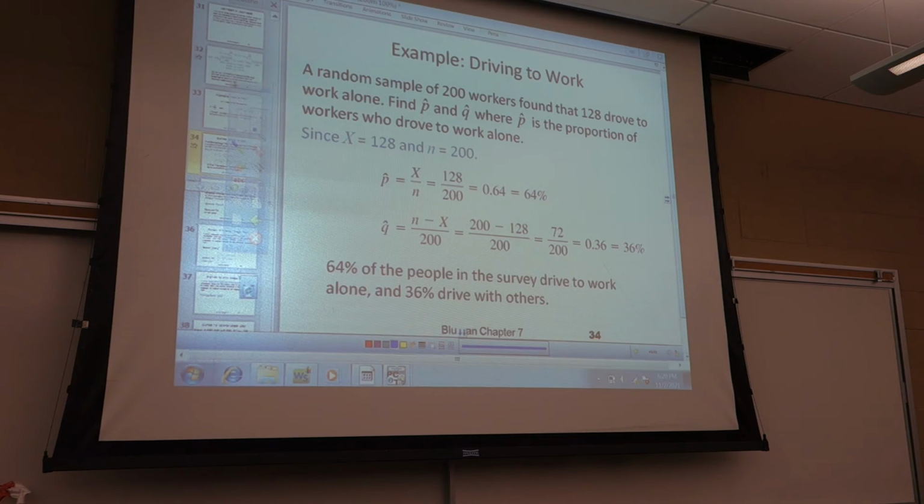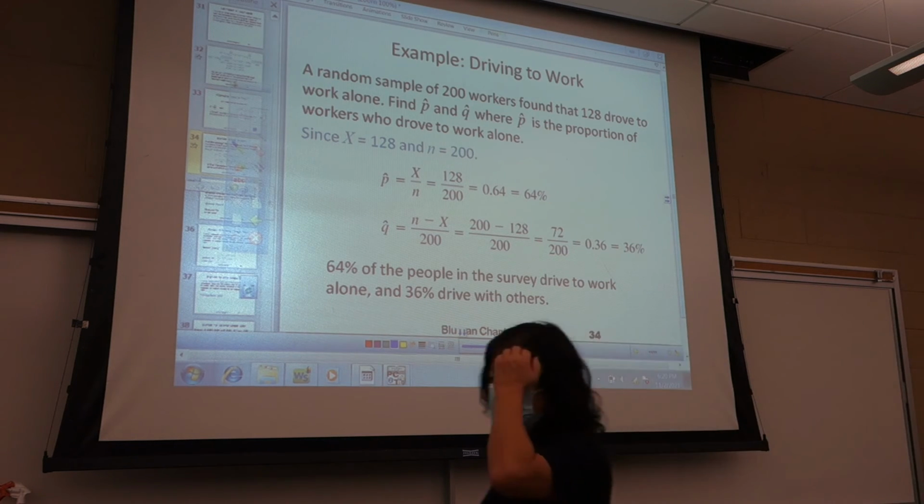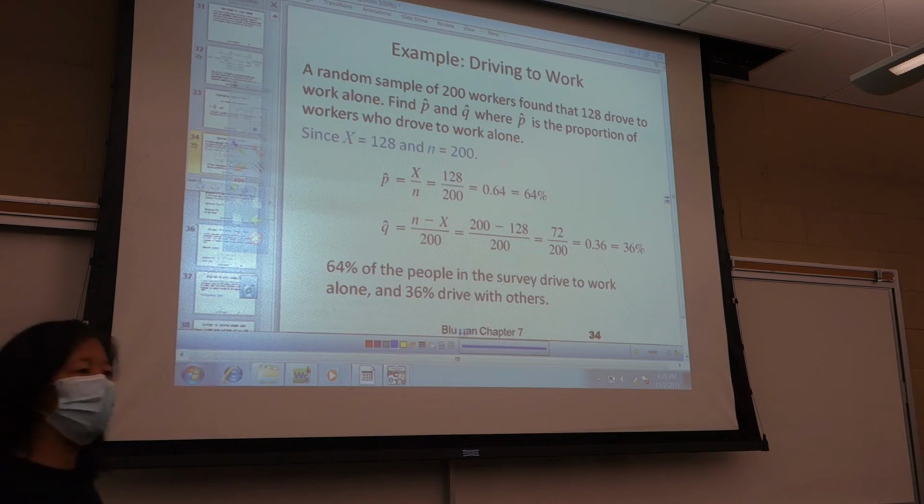And don't just write down what p hat is and q hat is.